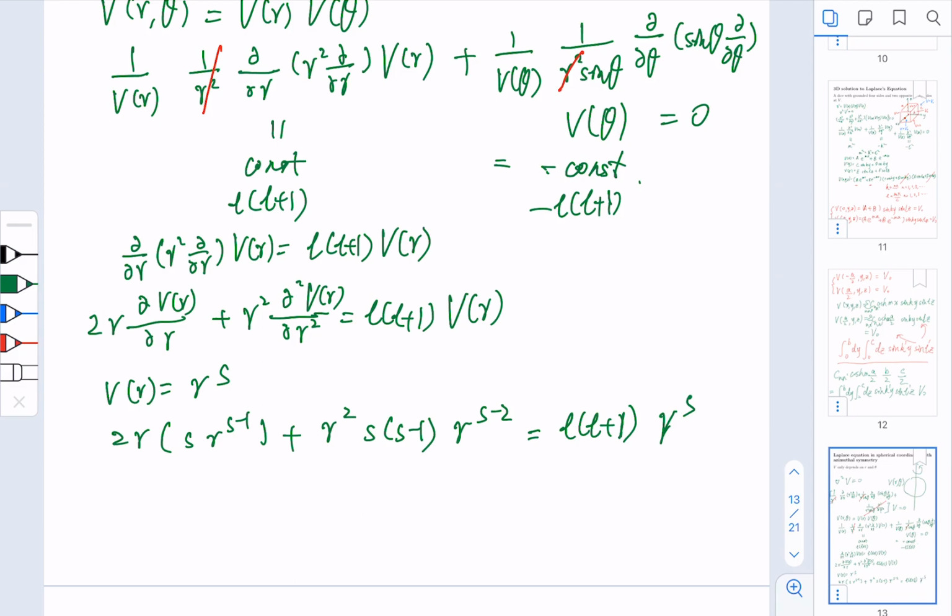Now we see that all these terms share the power of r to the power of s. On the left is twice s plus s times s minus 1. On the right is L times L plus 1.